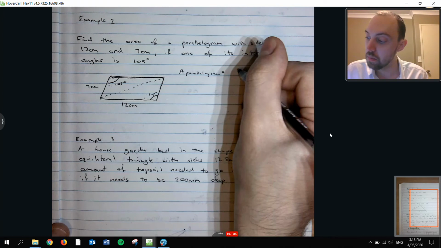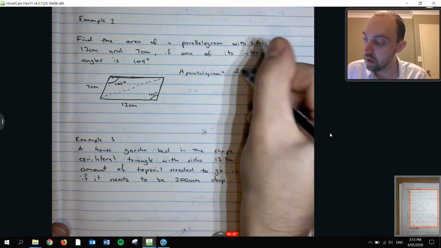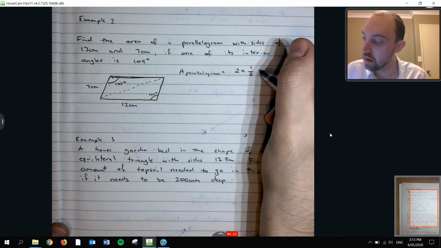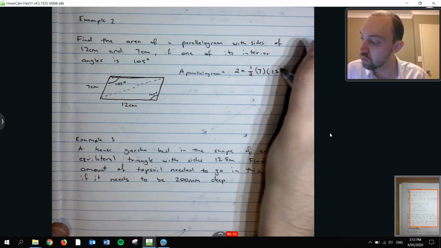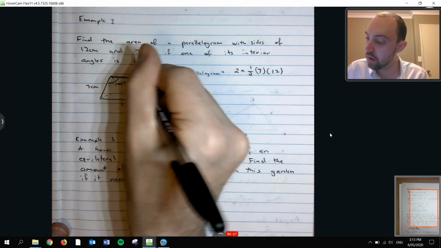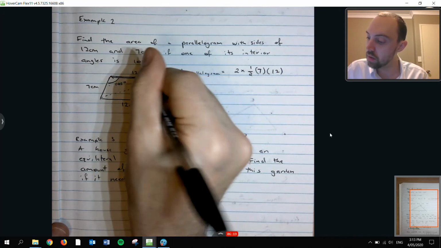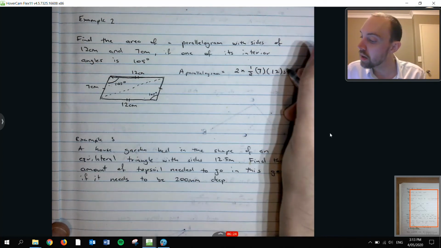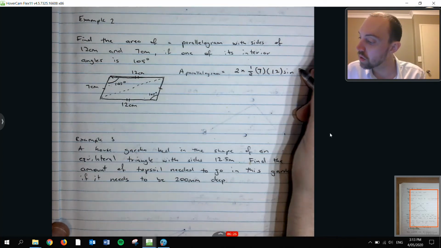I'll write the whole thing out just in case. 2 times half ab, a is 7, b is 12, opposite sides are equal, so this and this, times the sine of the included angle, 105 degrees.